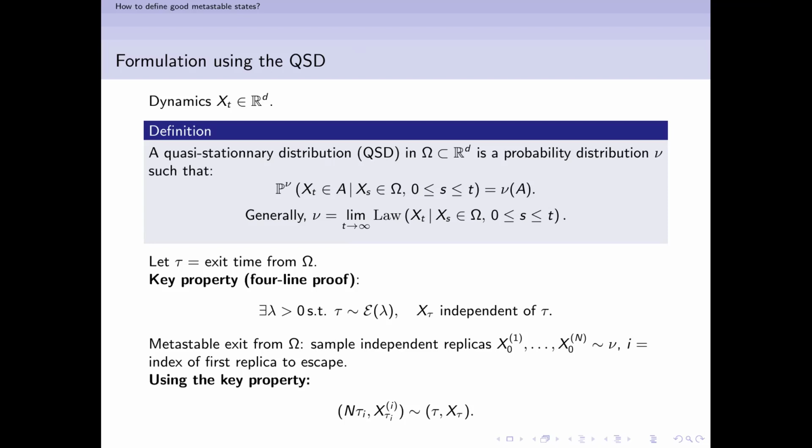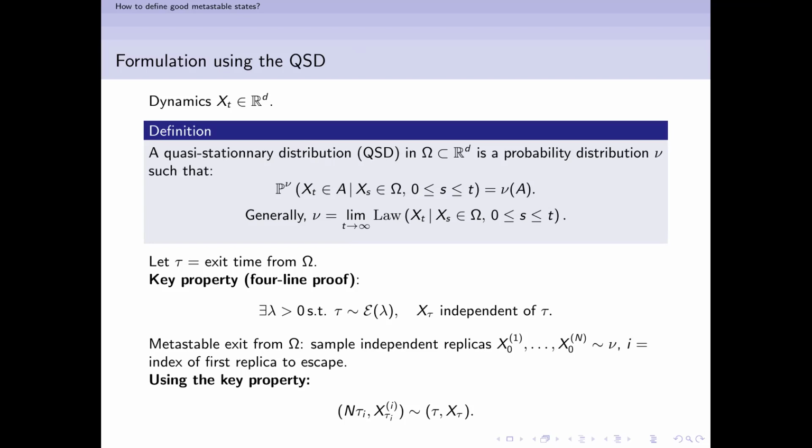Another way, perhaps more natural to think about it, is that the quasi-stationary distribution is the law of the process conditioned on being stuck in the metastable state for an infinitely long time. So you completely forget how you entered the domain.